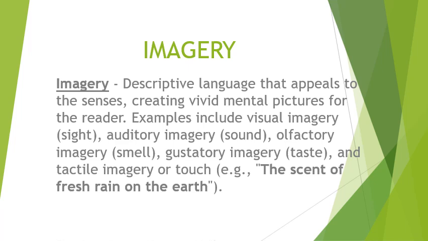Imagery is descriptive language that appeals to the senses, creating vivid mental pictures for the reader. For example, visual imagery for sight, auditory imagery for sound, olfactory imagery for smell, gustatory imagery for taste, and tactile imagery for touch. For example, the scent of fresh rain on the earth.